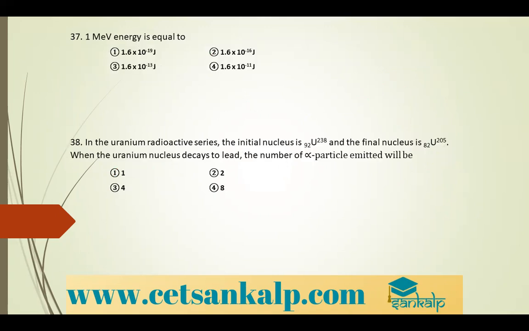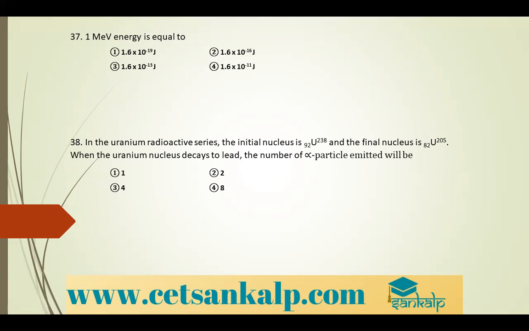1 mega electron volt energy is equal to 1.6 into 10 to the power minus 13. 1 mega is 10 to the power 6, and electron volt is 1.6 into 10 to the power minus 19.